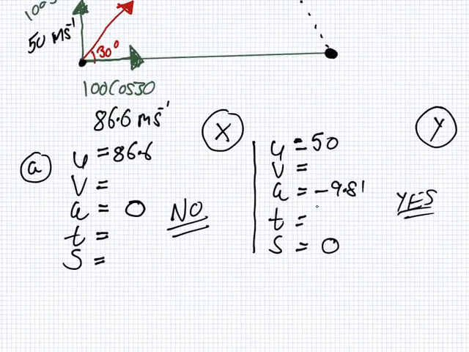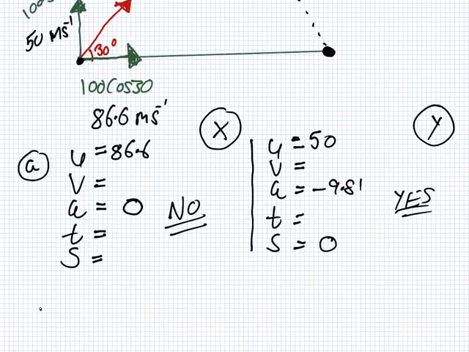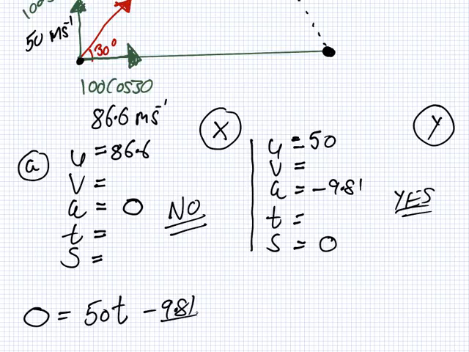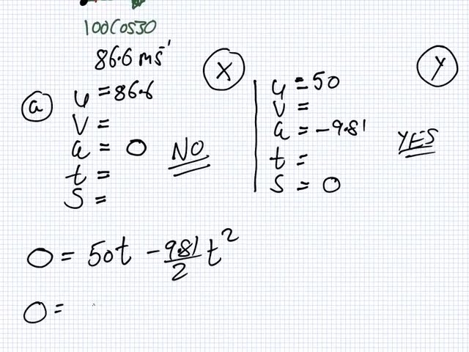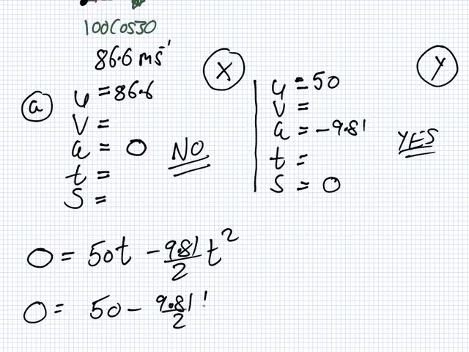We'll use s equals ut plus a half at squared. So we get 0 equals 50 minus 9.81 over 2 t, bracket t.